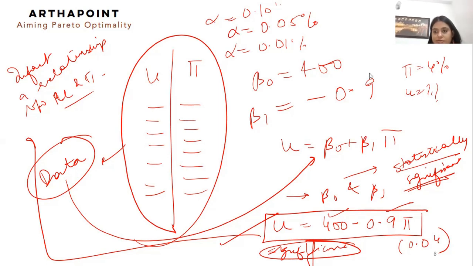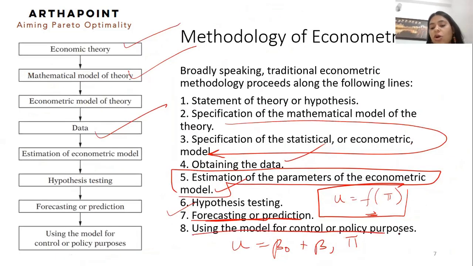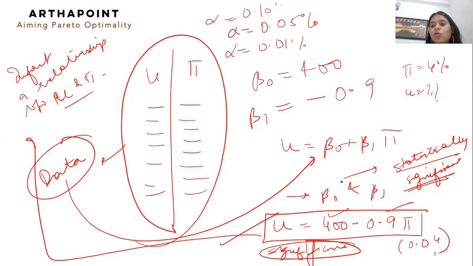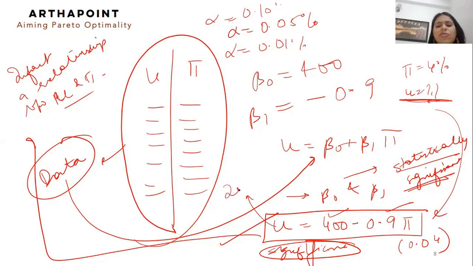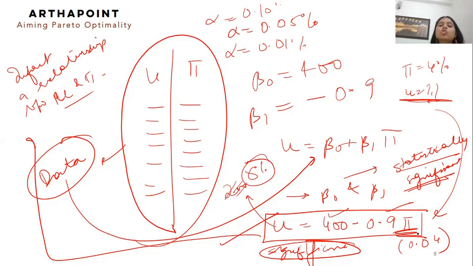Once you do that, you're going to use the model for policy purpose. Using the model for policy purpose is what I just mentioned. Whatever value you want to give me, accordingly, I will give you these values. So, I will be able to tell you that, if you want to control unemployment at, let's say, 200, or let's say, whatever, if you want to control unemployment in terms of percentage at 5%, then correspondingly your inflation should be so and so.